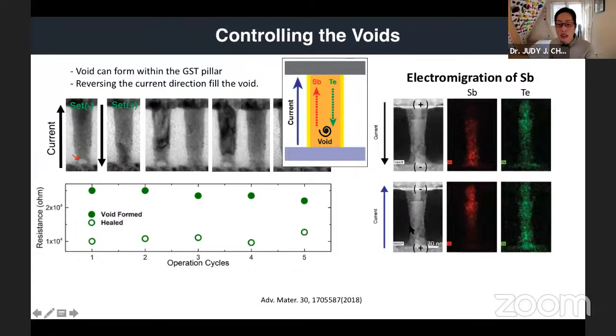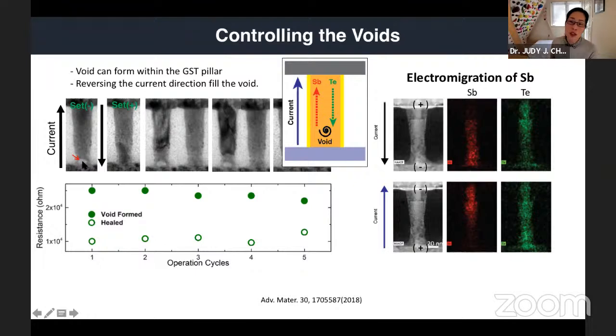With a single voltage pulse, you can see that the antimony, which was a little bit more concentrated near the bottom electrode, has moved all the way up to the top electrode. While for tellurium, it is still more or less distributed throughout the entire pillar. So it's the electromigration of antimony that is responsible for forming these voids.